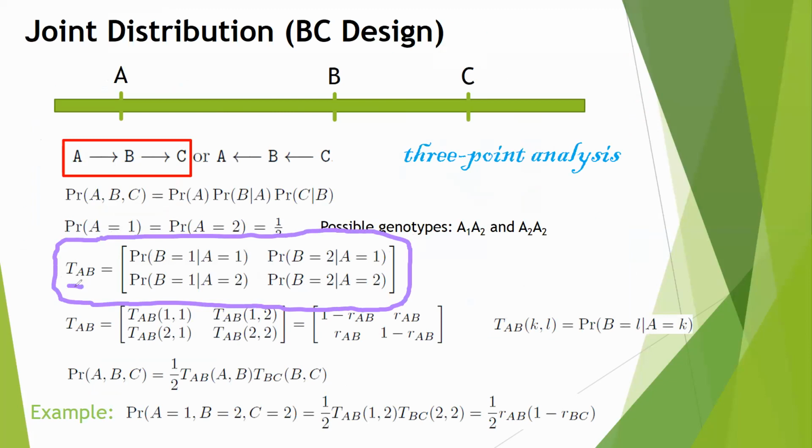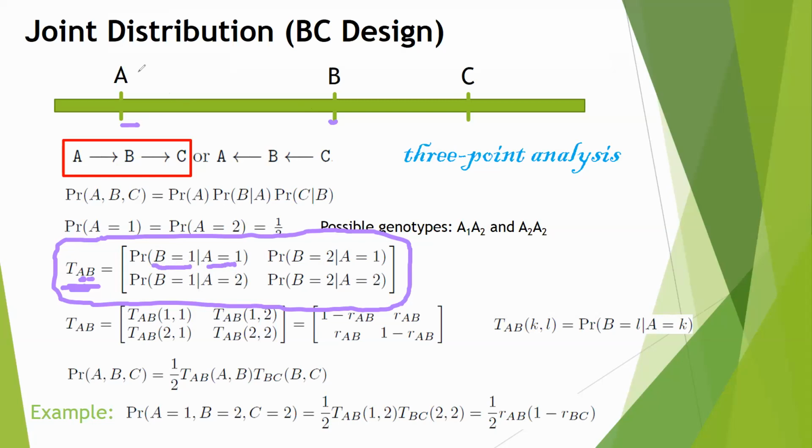This transition matrix means we want to see the transition probability between A and B, two loci, right? If at locus A the state is 1, and when we look at locus B the genotype or state is also 1, it means that in this step the Markov chain didn't change the state; it stayed in the same state, right?